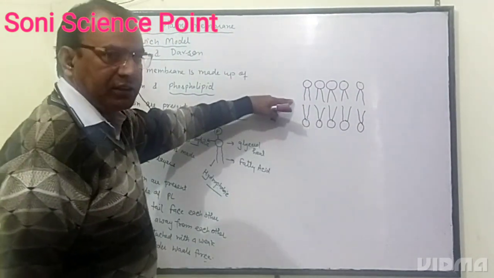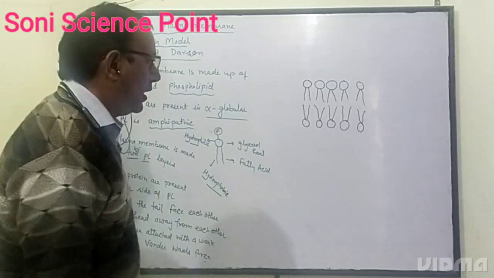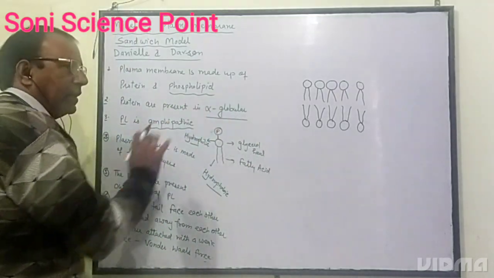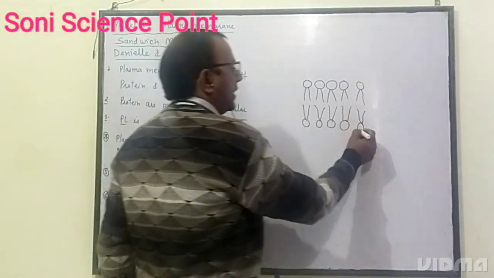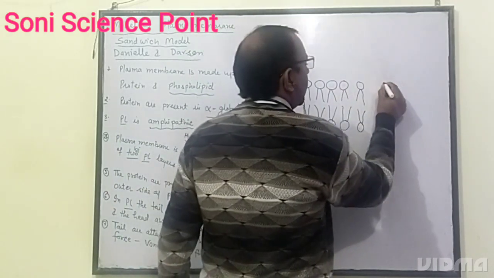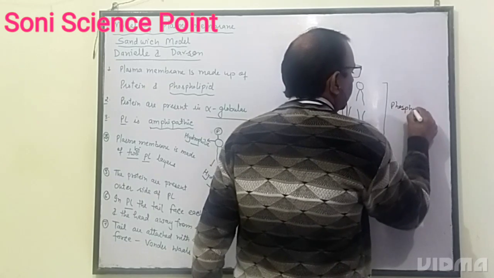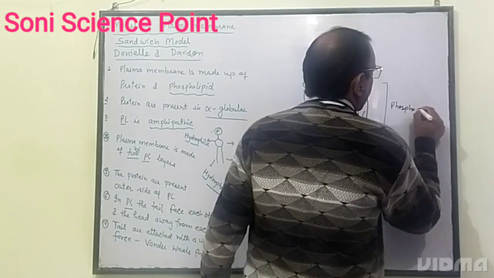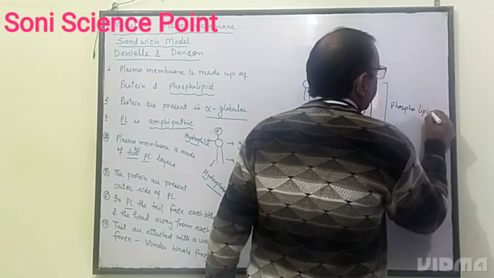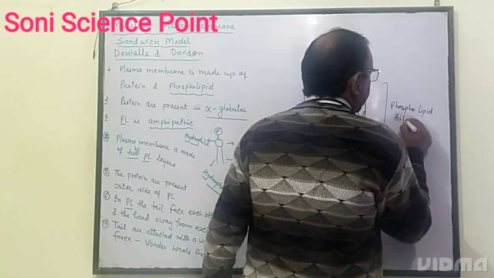This is the head and these are the tails, and they make the phospholipid bilayer.